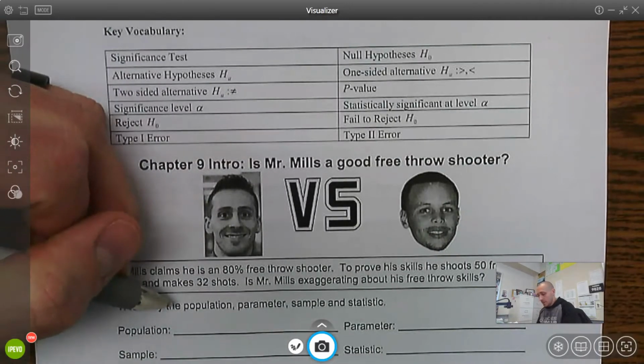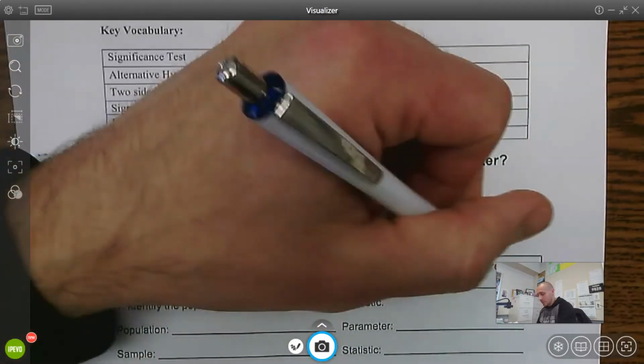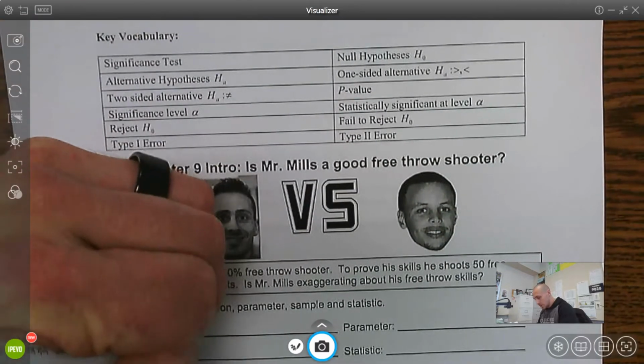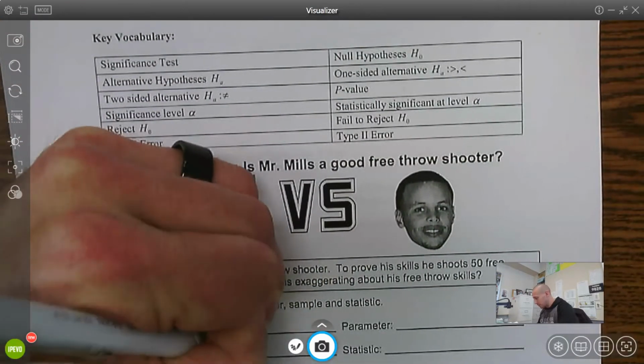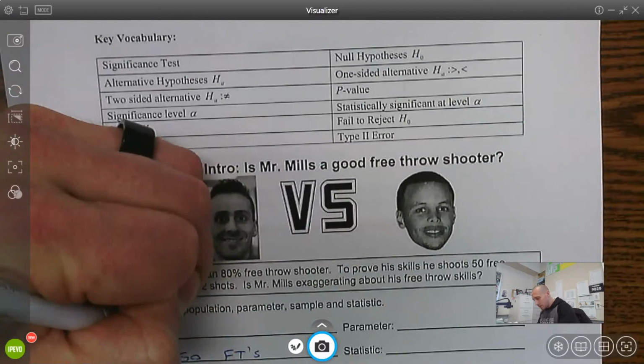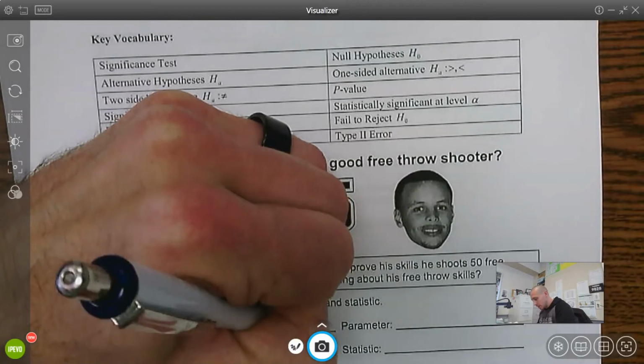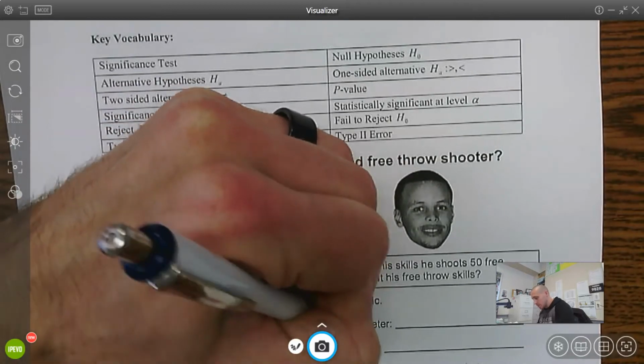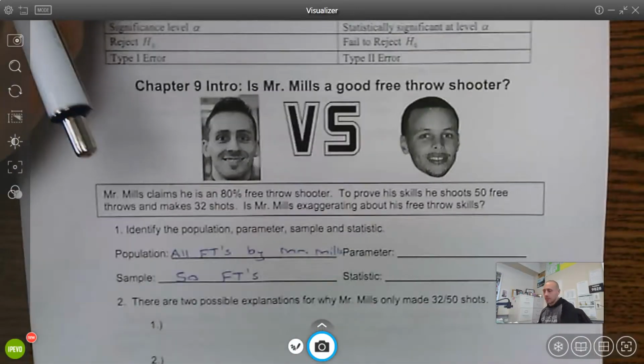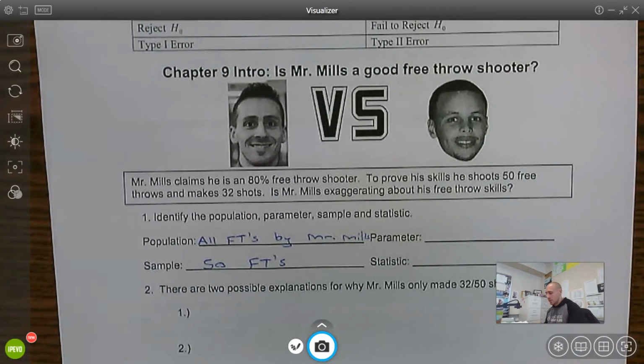So if we think about the population, well, the sample is the 50 free throws. And the population would be all free throws by Mr. Mills. We only looked at the 50 that I took. The parameter, we're looking at a categorical variable. I made it or I missed it, so this would be a proportion.